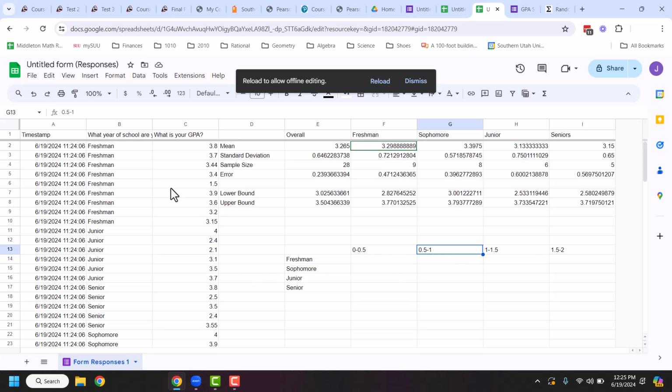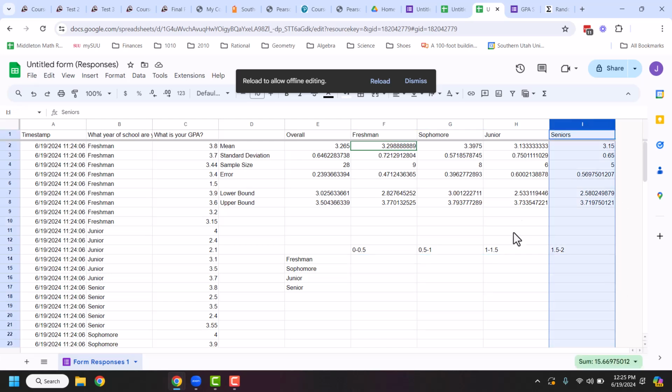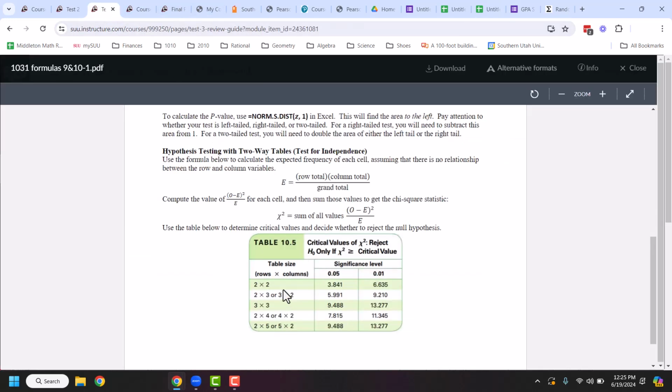But for the numbers that I've got here, this test may not be the most effective because the size of this table that I would create, and I haven't even finished it because it needs to go all the way up to 4.0, is way bigger than these table sizes that I'm given here. So I could still calculate a chi-squared value.